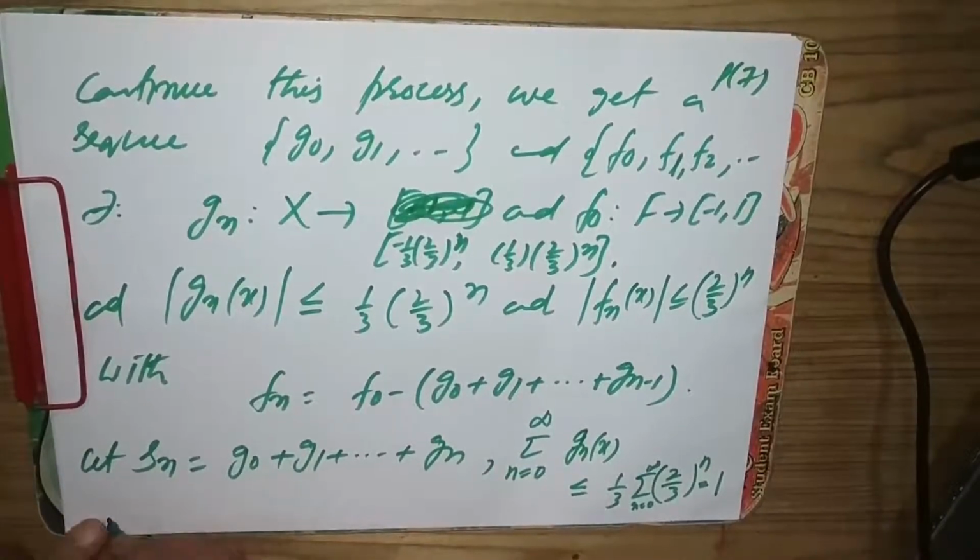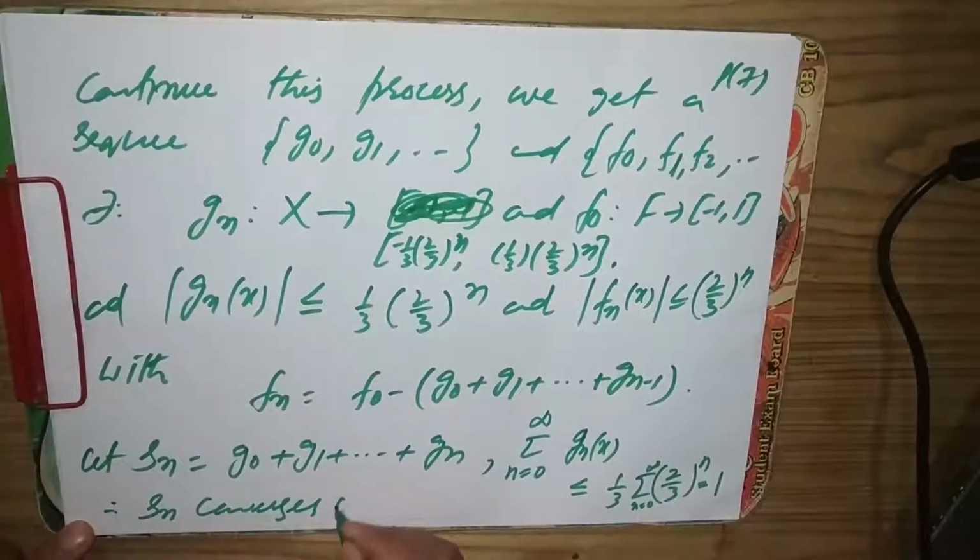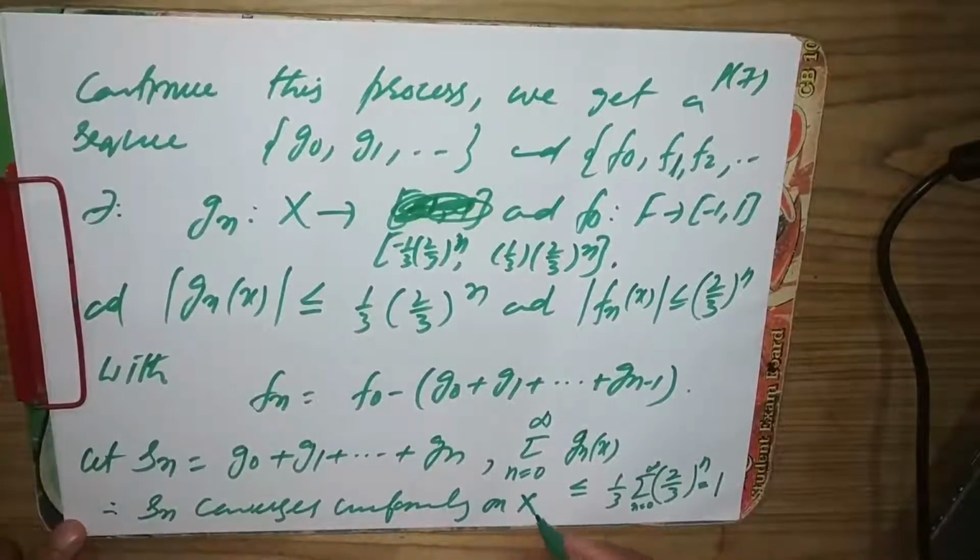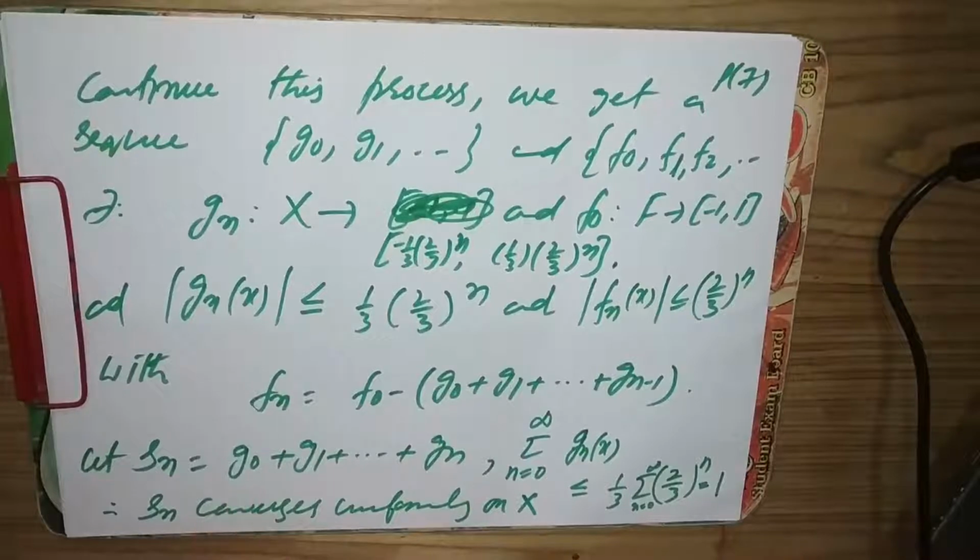Therefore S_n converges uniformly on X to a bounded continuous function, because each g_n is a continuous and bounded function, and that space is a complete space.